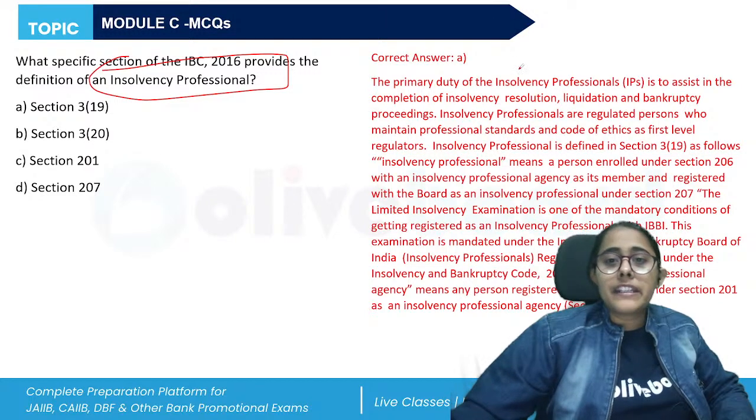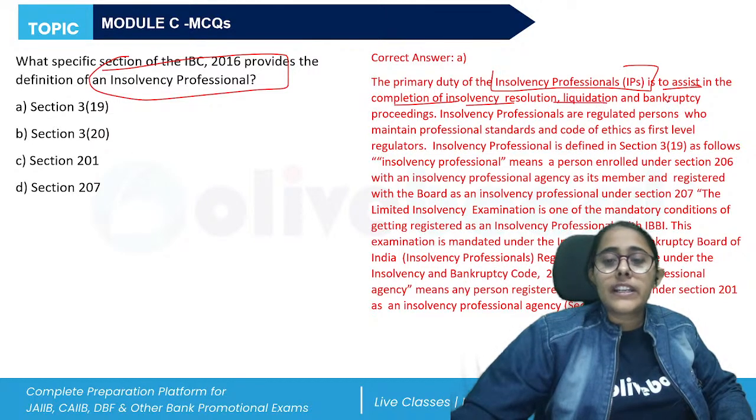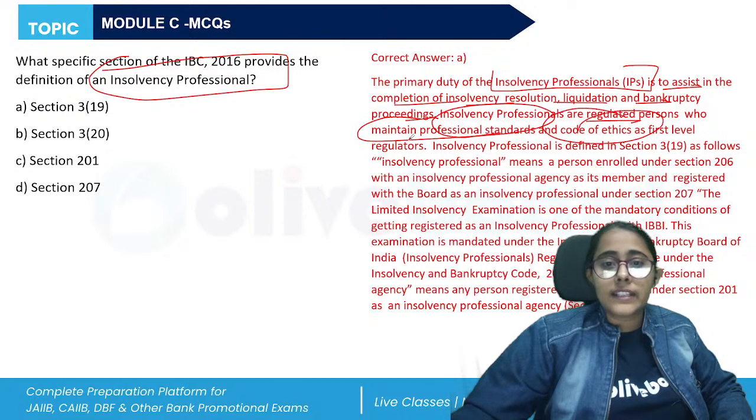So the primary duty of the insolvency professionals is to assist in the completion of the insolvency resolution, liquidation and bankruptcy proceedings. They are regulated persons who maintain professional standards and code of ethics as the first level regulators. The insolvency professional means a person enrolled under section 206.